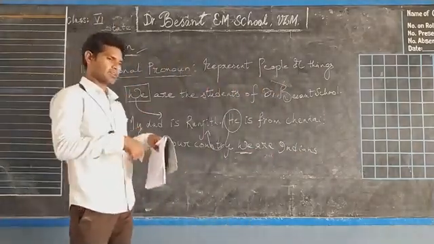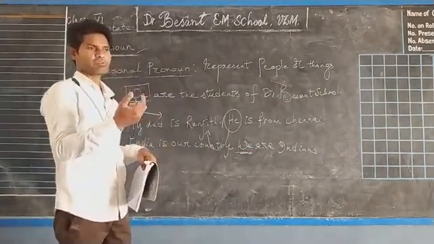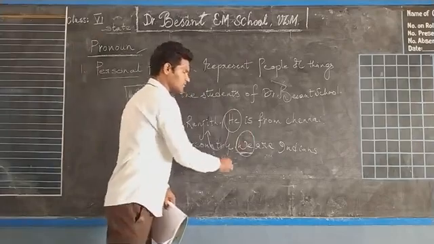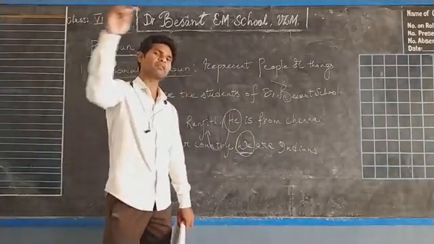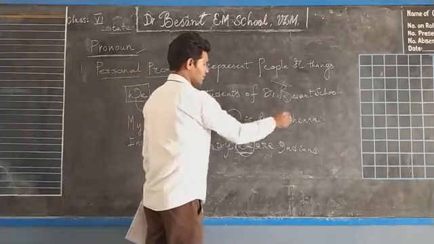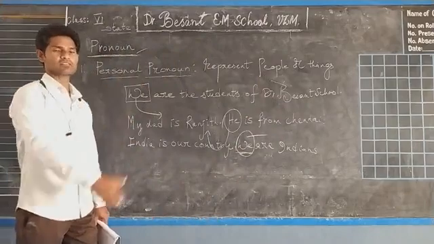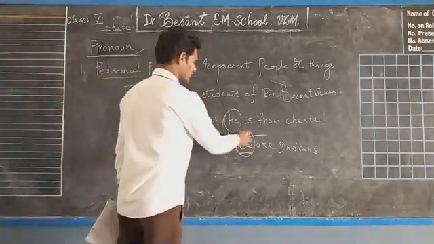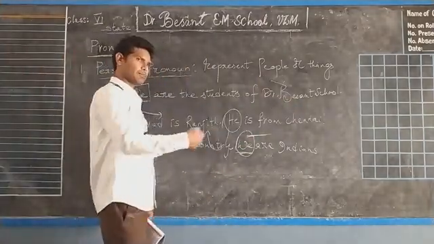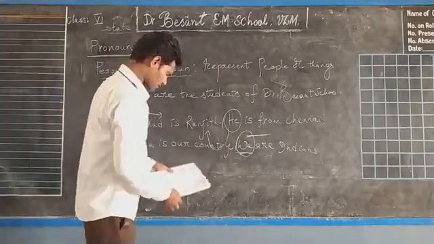The people who live in India are called we. So the word we refers to the whole people in India, the people living in this country. So it refers to the person or persons. This is what we call a personal pronoun.